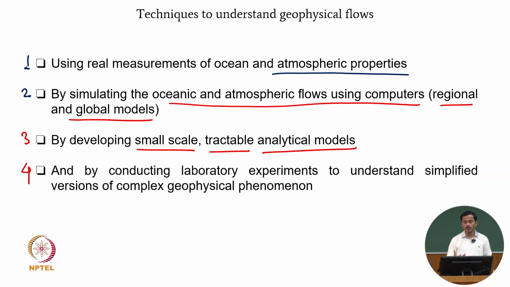For example, understand the velocity field, the temperature field, and then we can say that, okay, this is the insight that we have gained from this small laboratory experiment, and then we can assume that this large scale oceanic or atmospheric phenomenon will probably behave something of this sort. Of course, we cannot introduce all the complexities, but this is a technique to understand fundamentally some of the processes that constitute the big complex process that's happening in the geophysical flows.